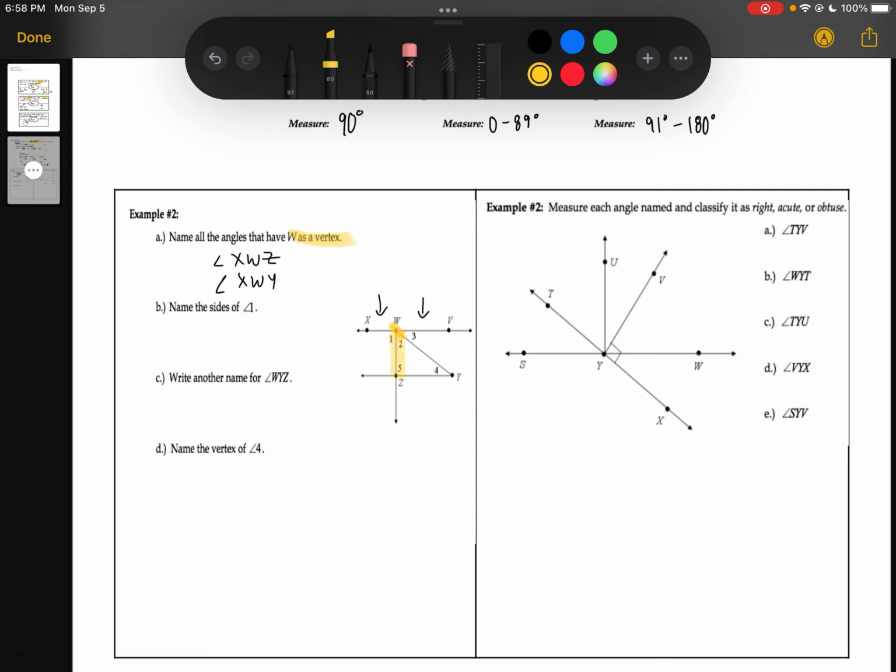But we still have some other options. That one has W as a vertex. So we could do ZWY. And again, use this friend over here as well, ZWV this time.